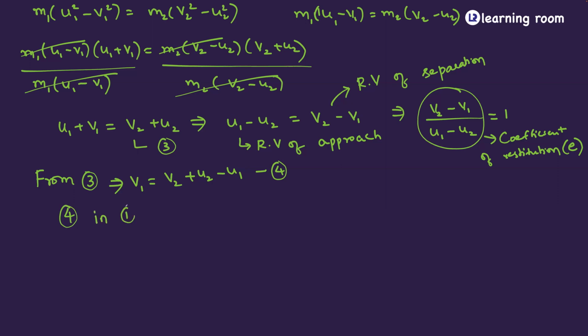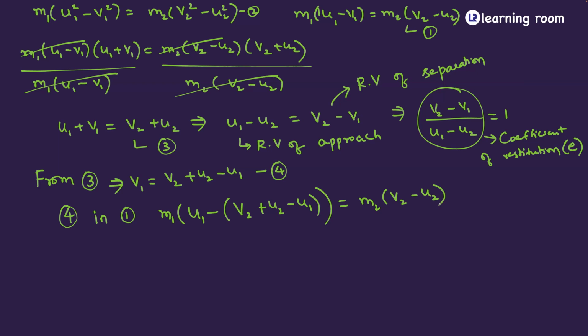I'll use the fourth expression in the first expression. Remember, 4 is here. This is actually the second, which I wrote on the previous slide, and this is the first equation. I will take this and substitute it here. So I'm going to have M1 into U1 minus the value of V1, which is V2 plus U2 minus U1, is equal to M2 into V2 minus U2.